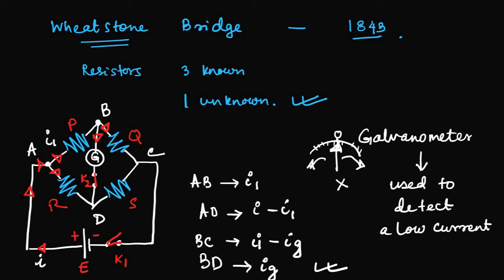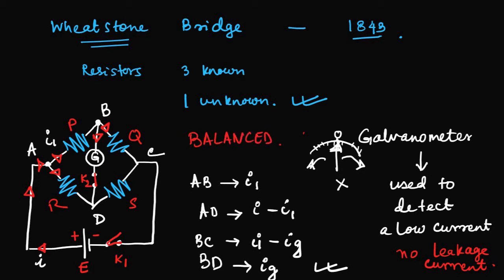After closing K1 and K2, if I see that the galvanometer is still at 0, that there is no deflection, that means no leakage current, right? So if there is no leakage current, with everything connected, K1, K2 connected, and no deflection, that means this particular arrangement is called balanced.